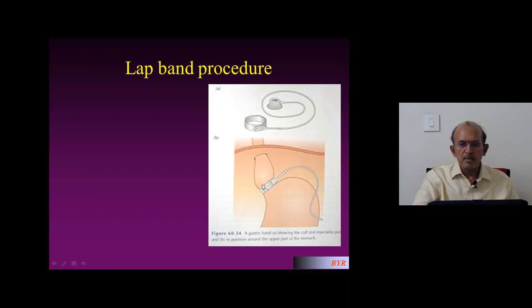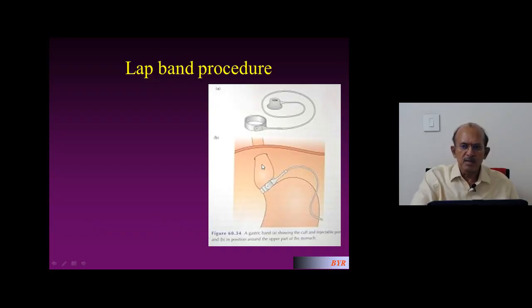You place this just below the esophageal junction so that this part of the stomach will have only about 30 to 40 ml capacity. You keep it there and tighten it so that it forms a groove or constriction, and this will not expand.